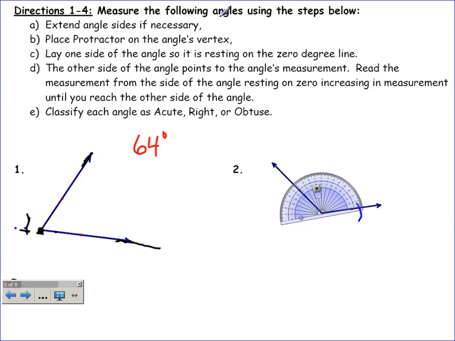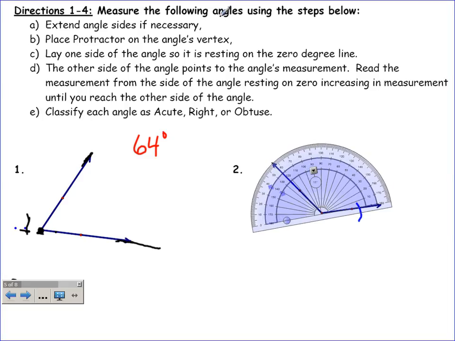Is this second angle obtuse or acute? Obtuse. So it means you're going to use the bigger number. It's either going to be like 55 or like 125, somewhere around there, right?